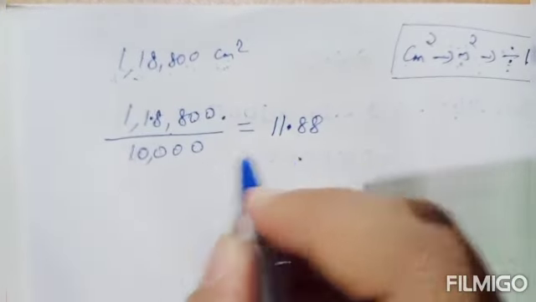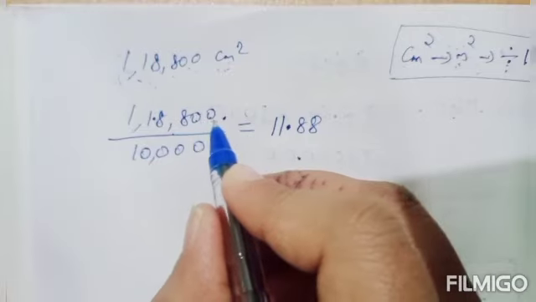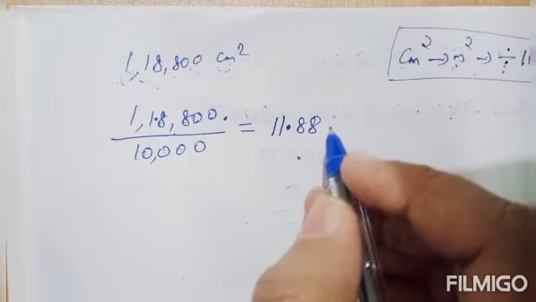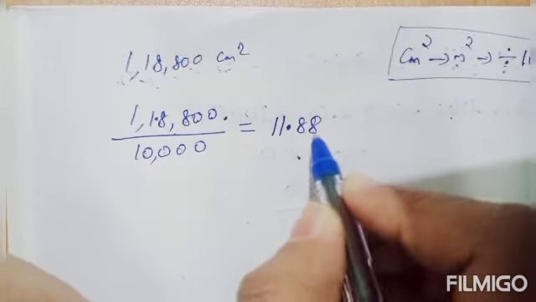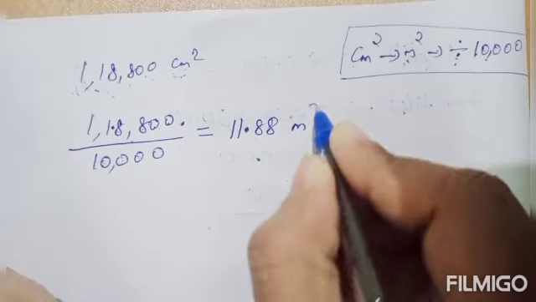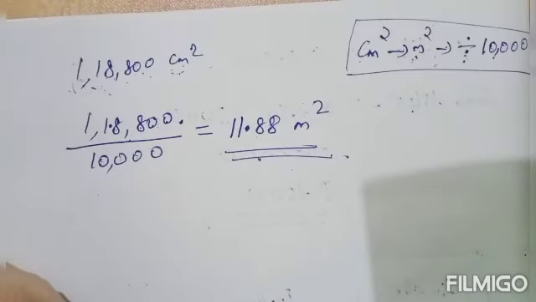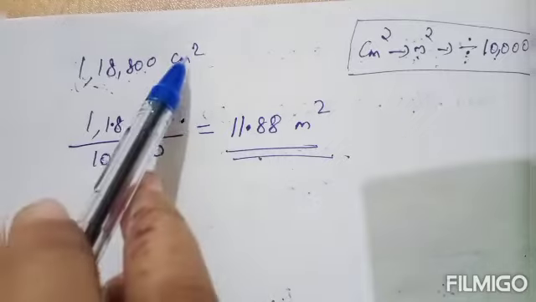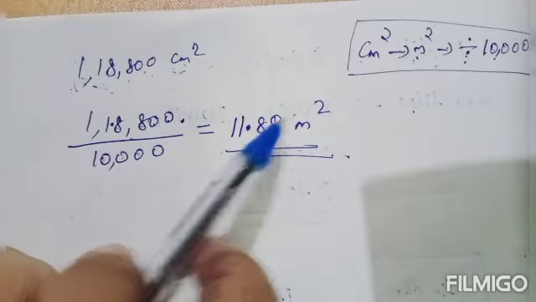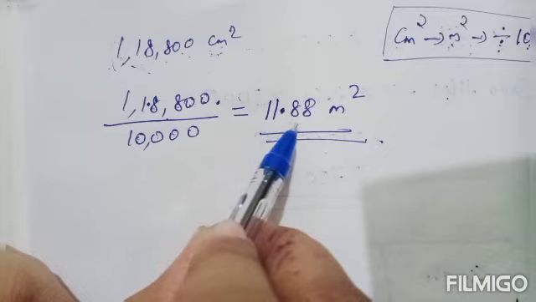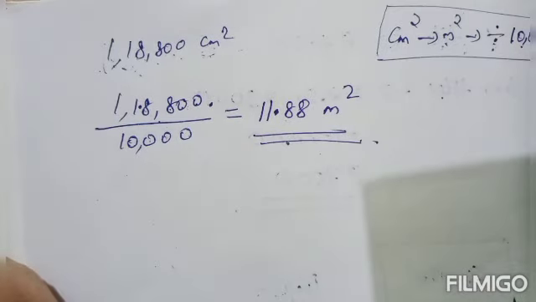These two zeros are not needed. Zeros at the right end have no value. So it will be 11.88 meter square, or square meter. Okay. So in order to convert centimeter square to meter square, just divide by 10,000. You will get the answer 11.88 meter square.